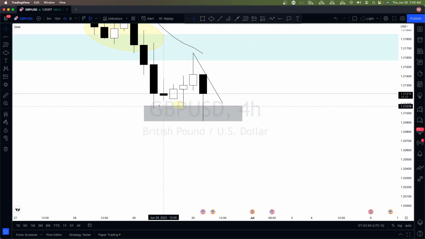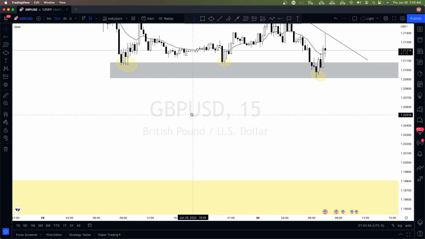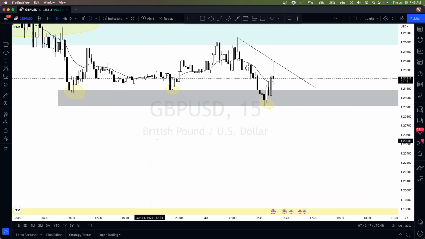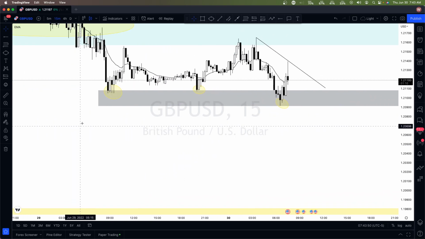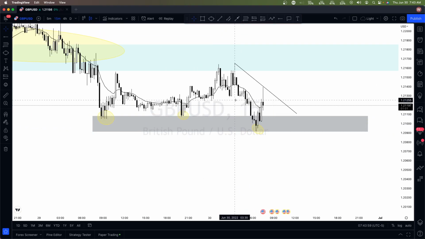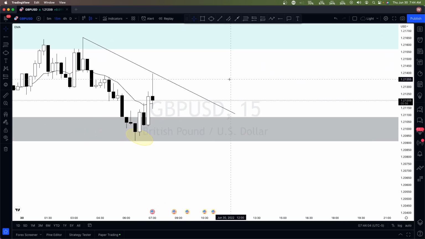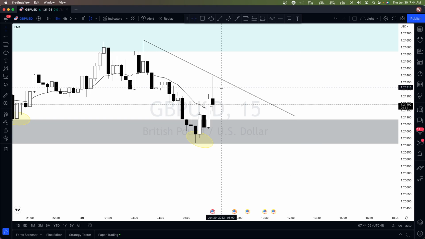On the 4 hour, we have this zone that I have marked. It touched once, twice, 3 times, going below these two, and now pushing up. Yeah, I see this sell movement soon. So we'll come back when we have an entry, hopefully.